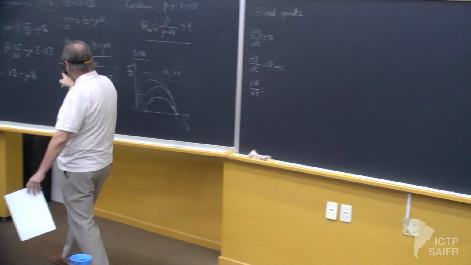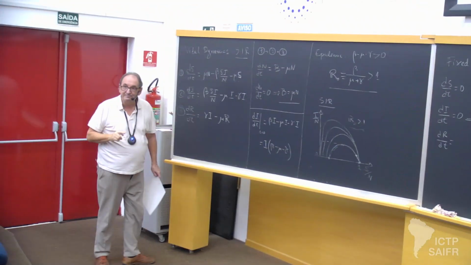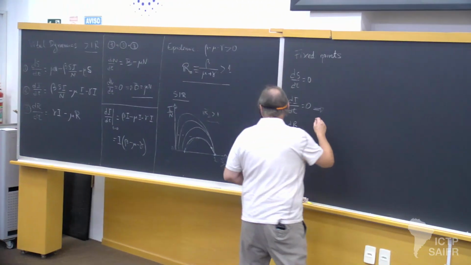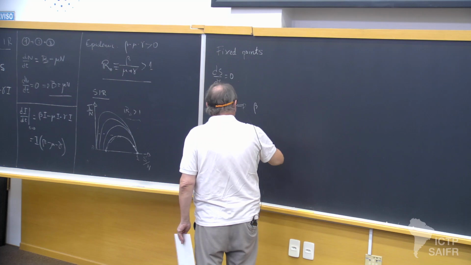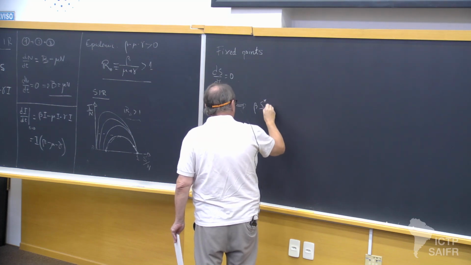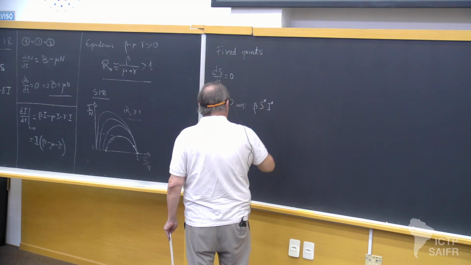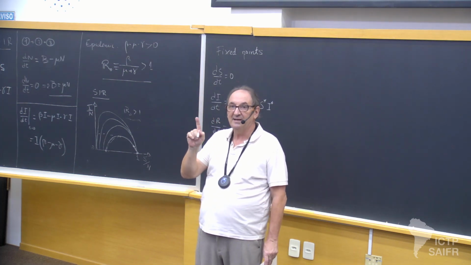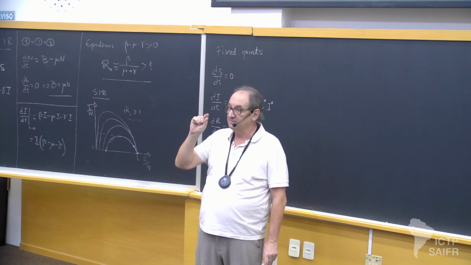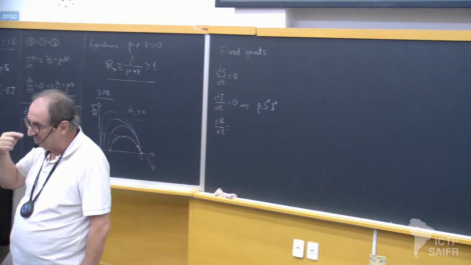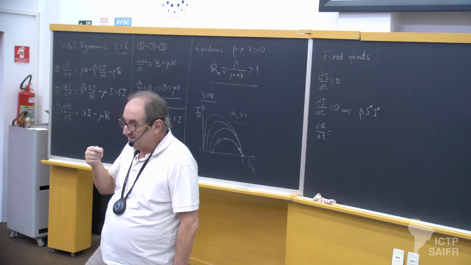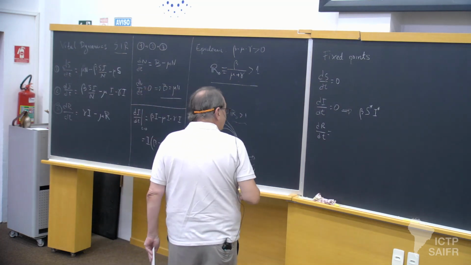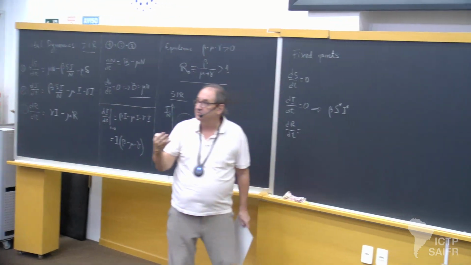If this is equal to 0, I have beta. So I will write S star and I star. Why do I put a star? Because now I want to find the values of S and I such that the dynamics of susceptibles and infectious individuals does not change. It goes to a fixed point. So this is not anymore a function, it's a number.